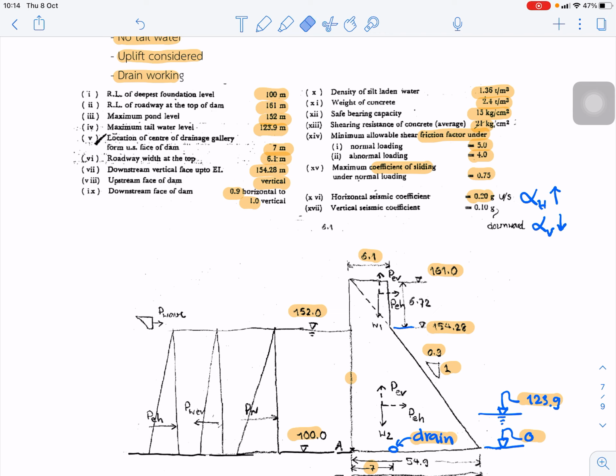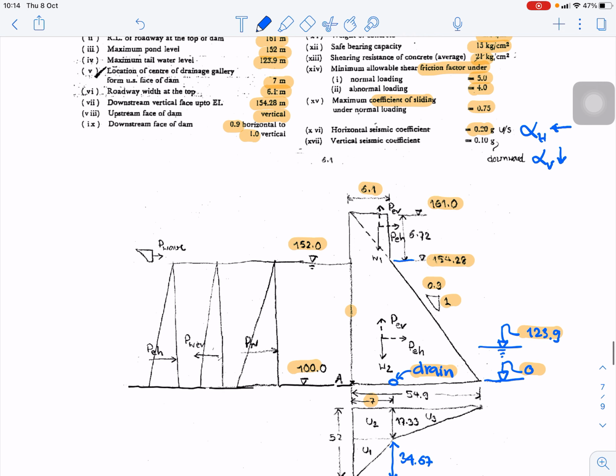So that is the upstream, not this way. It's upstream. Alpha h is upstream and alpha v is downward. We can write like this.